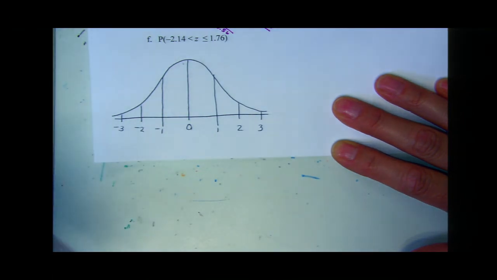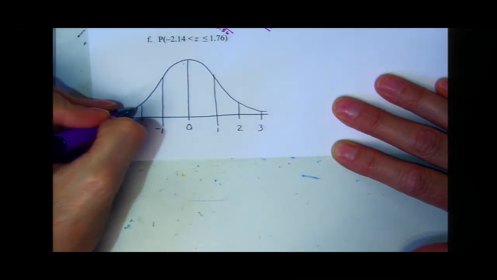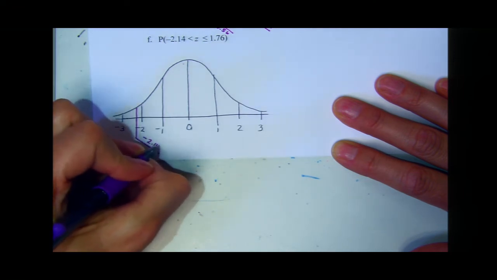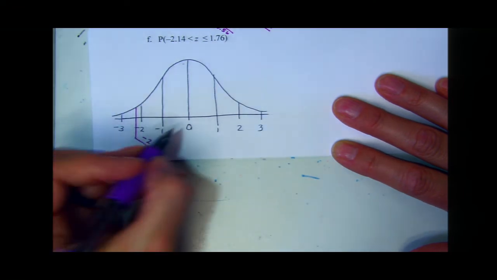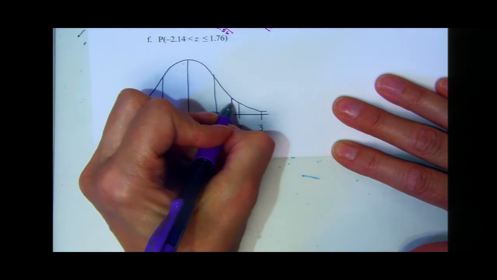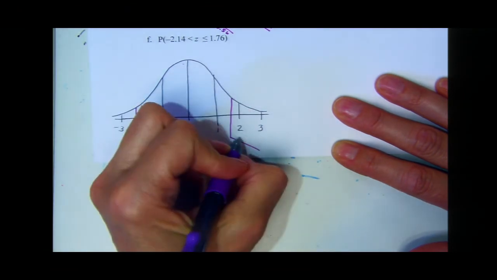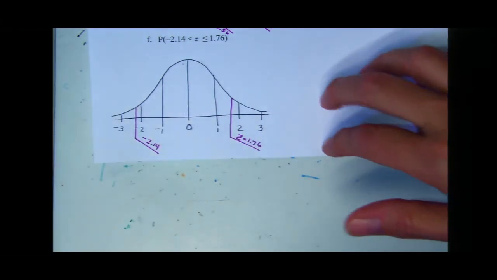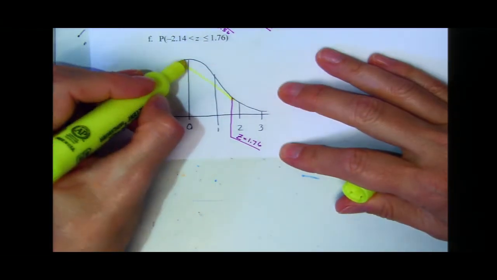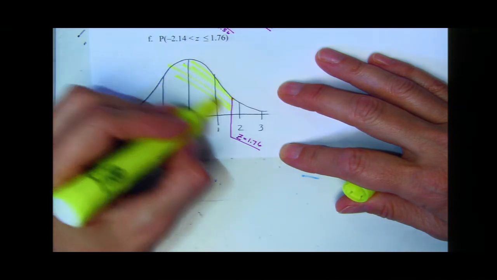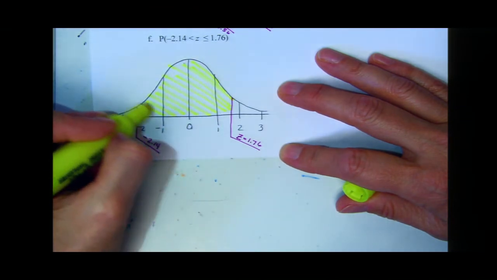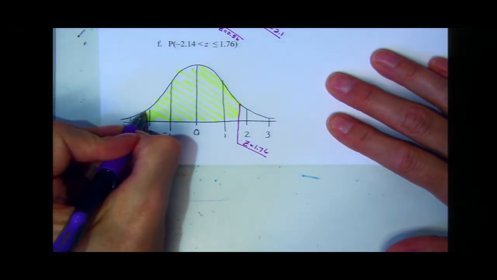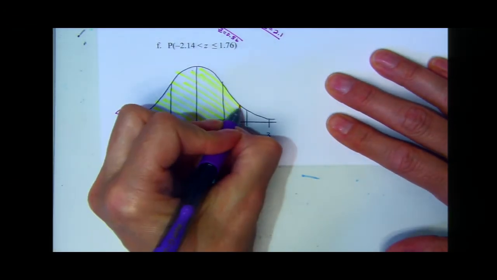So we have negative 2.14 and we have 1.76. And we want to know the area that is in between them. And we know that our table is left-tailed.